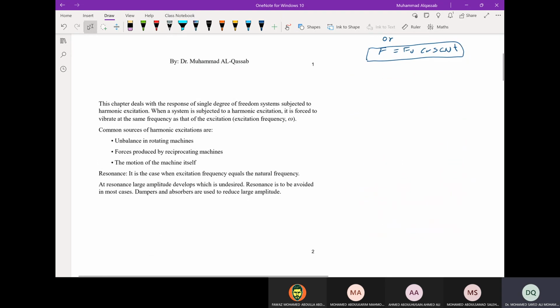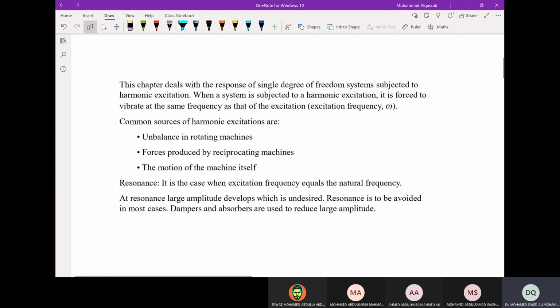So the source of the vibration now comes from this force, not from free vibration. Free vibration will start if you have initial conditions. Here, even if the initial conditions are 0 and the force is applied, the vibration will be due to the force.